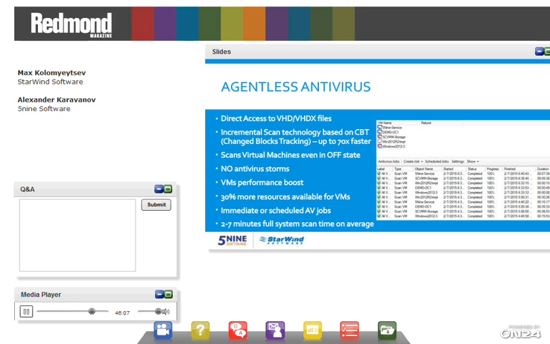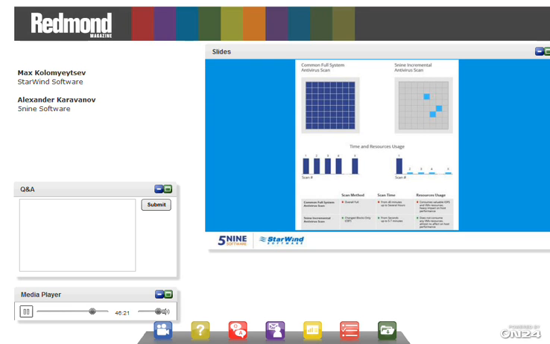Just a few words about change block tracking here. This graph actually perfectly shows what exactly it does, and this also addresses Max's question. Whenever you use a legacy antivirus and a common full system antivirus scan, you have to scan all the blocks over and over again. You can see that on the graph.